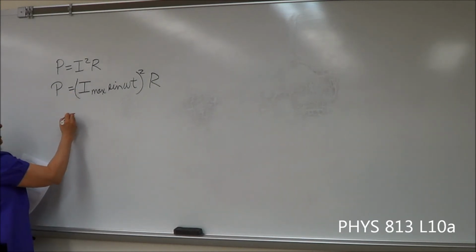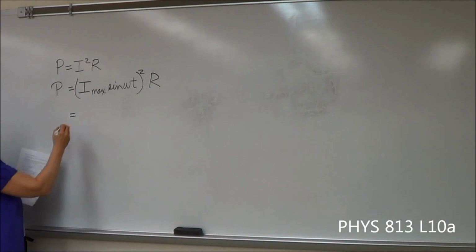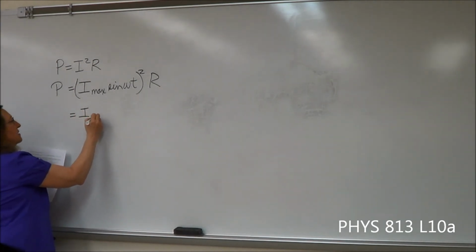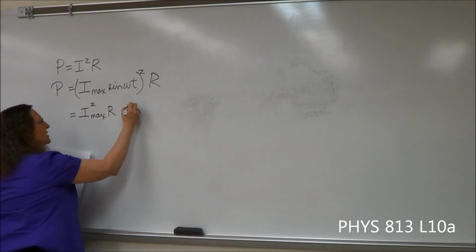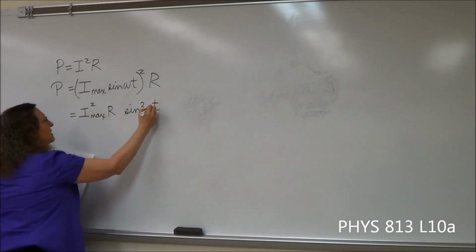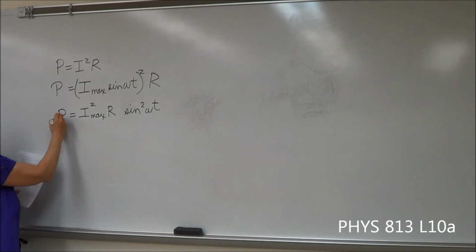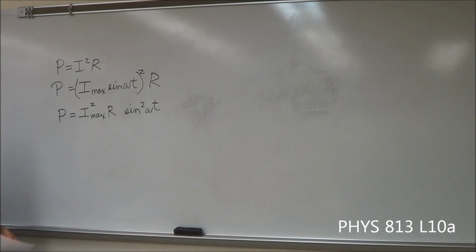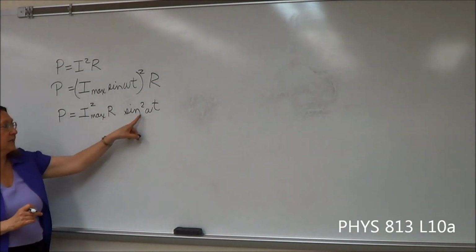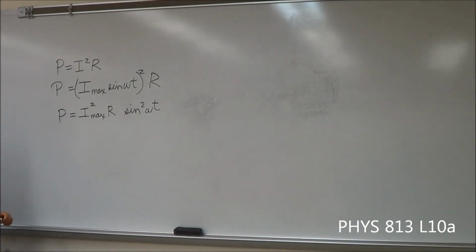Now, we can rearrange this a little bit and put I max squared times R, and then we're going to put sine squared omega t. So again, our power depends on sine squared. And since this oscillates, then obviously sine squared will oscillate.